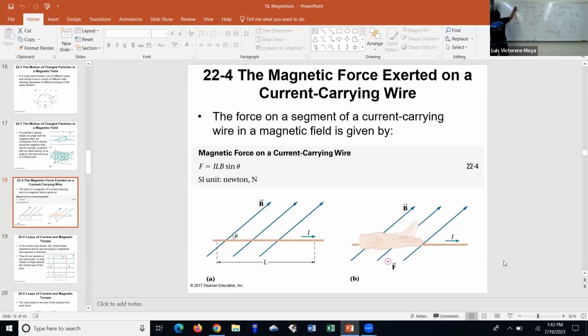As you expect, the idea behind the magnetic force due to a wire is going to be very similar to the one due to a moving charge. Why? Because of our definition of current. Current is the flow of charge.